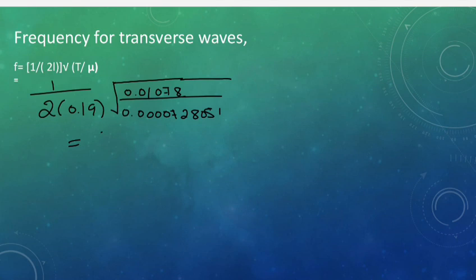So 1 divided by 2 into 0.19 is equal to 2.63157, times the root of 148.066550.